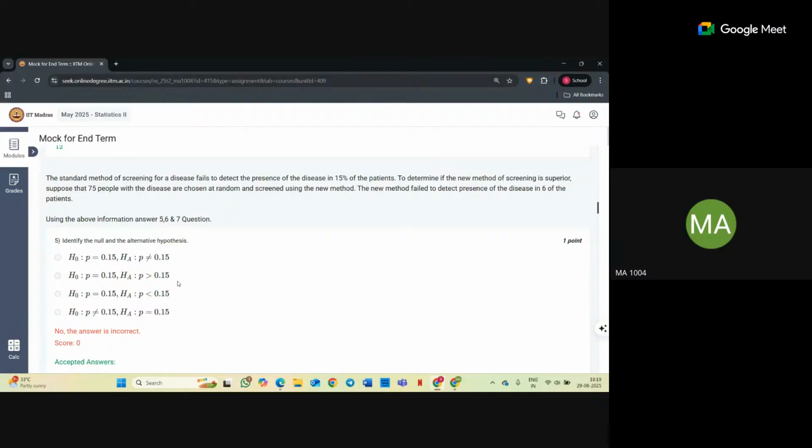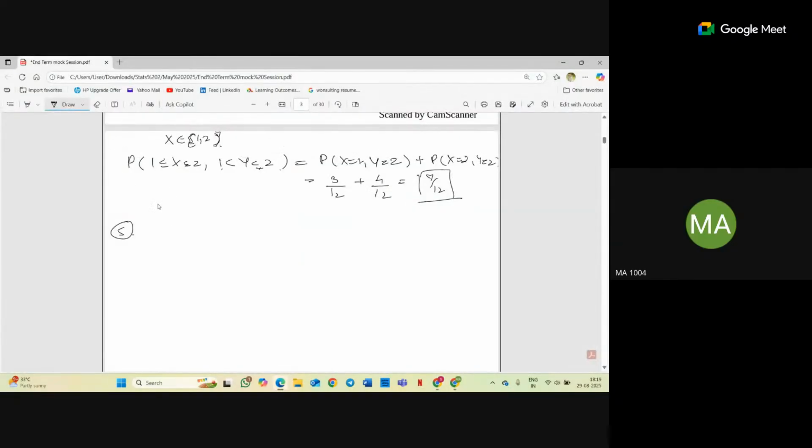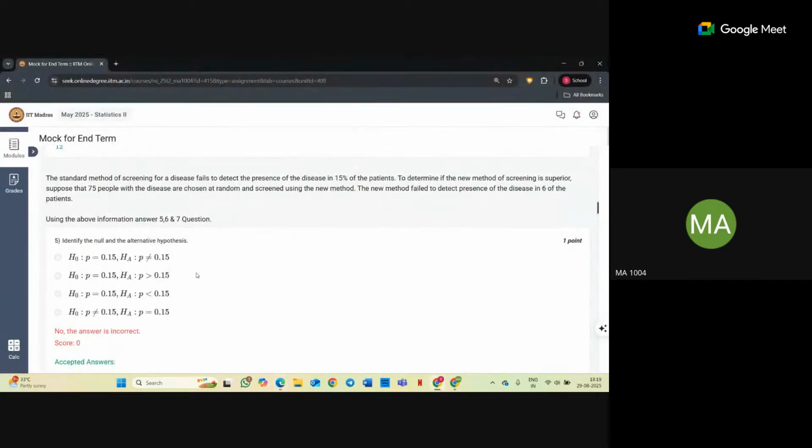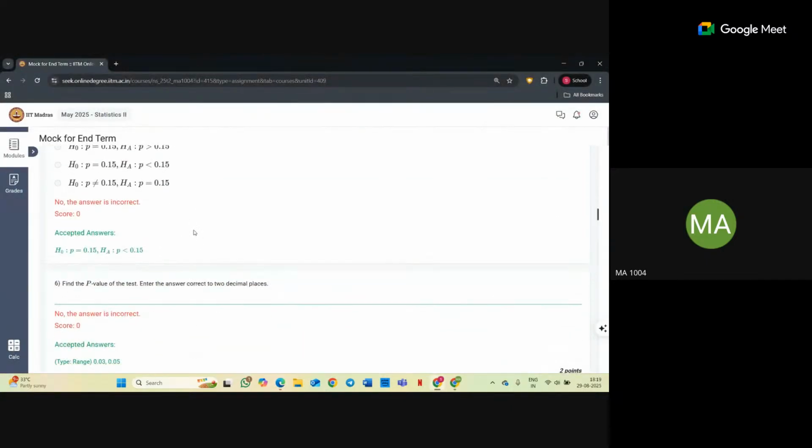Is question 5, the null and alternative hypothesis, clear? So we have the null hypothesis as H naught: P equals 0.15, and the alternative as P less than 0.15. Then the next question: find the P value of the test.